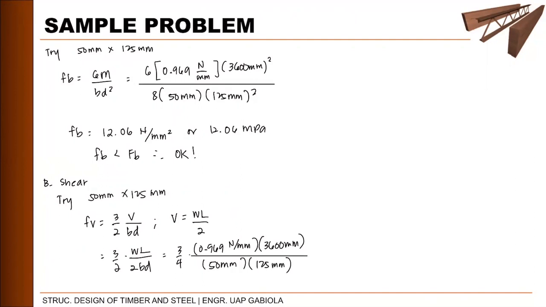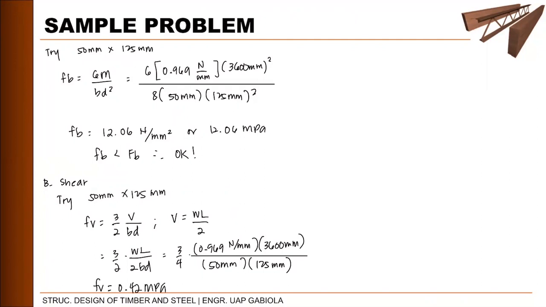Okay? So, 0.75 yung 3/4 times 0.969 times 3,600 all over 50 times 125. Our value of FV is equals to 0.42 megapascal.